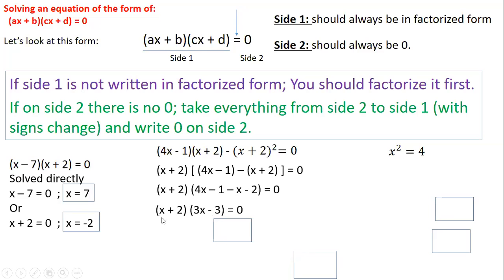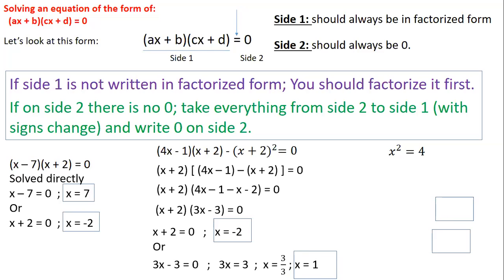Side 1 is written in factorized form and side 2 is equal to 0. So x plus 2 is equal to 0, then x is equal to minus 2 is the first solution, or 3x minus 3 is equal to 0, then 3x is equal to 3 and x is equal to 1. This is the second root.